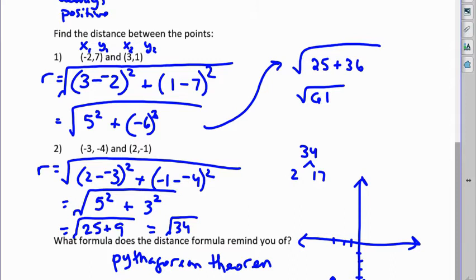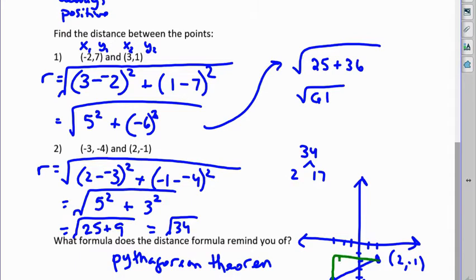And then the other point was at 2, comma, -1. And we're trying to find the distance between these 2 points. And in fact, you can form a triangle either going up or going down. I guess I'll go up.